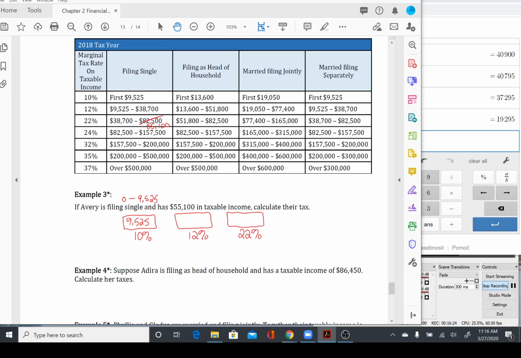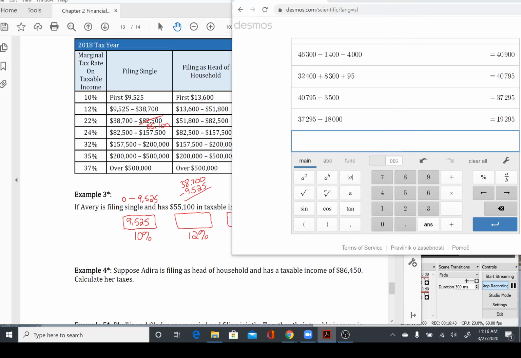That is how much money is between $38,700 and $9,525. You can subtract these numbers from each other in order to determine how much money is in between those two numbers.